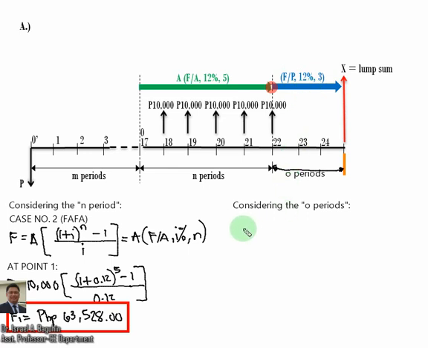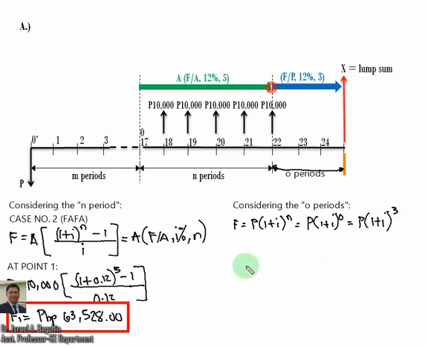So from the formula, we have F is equal to P times the quantity 1 plus i raised to the n. But our period here is referring to o, so this is equal to P times 1 plus i raised to the o, which is equal to P times 1 plus i raised to the 3, since our o is 3 years.